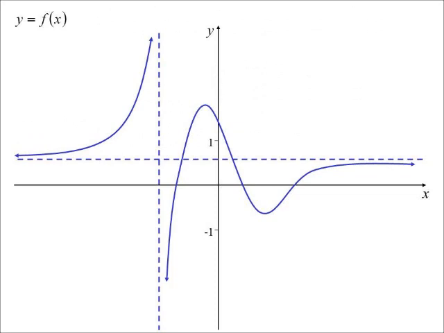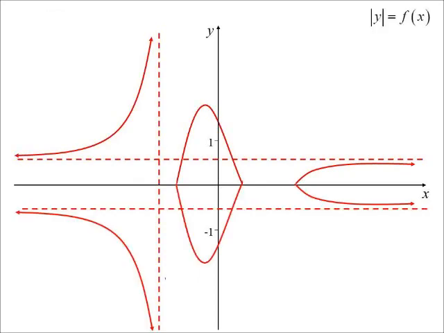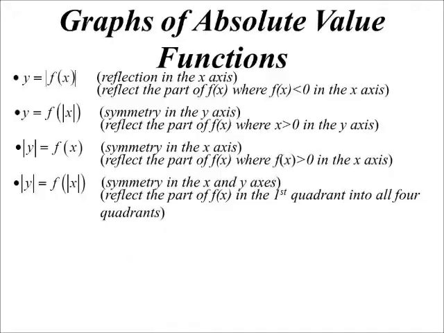Once again, the bit that's below has disappeared, but this time it doesn't reappear. The bit above reflects below. Because what we're saying is the absolute value of y is equal to function x. And I suppose that's the same as saying function x would be plus or minus y. So we get a reflection that way.